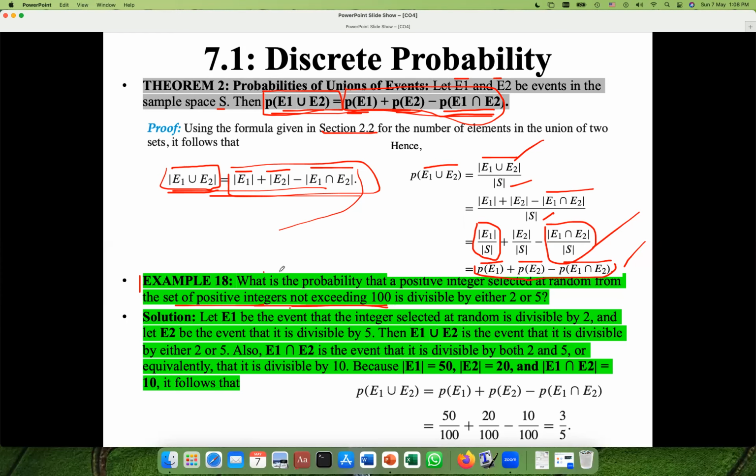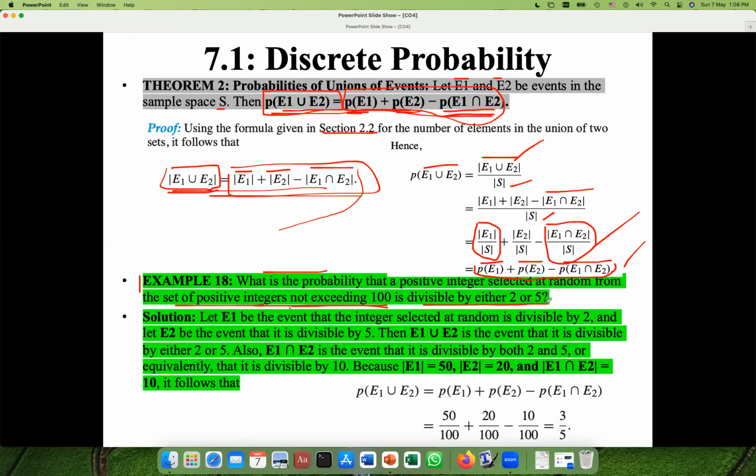And then what is the probability that the random number that will be selected would be divisible by either 2 or 5? So the number that you will select from that set of positive integers not exceeding 100, what is the probability that it would be divisible by 2 or by 5?